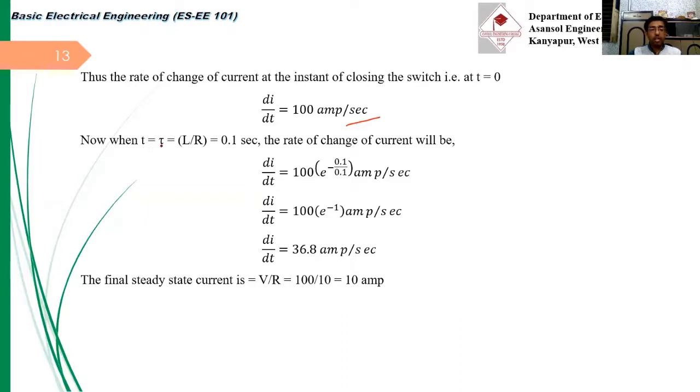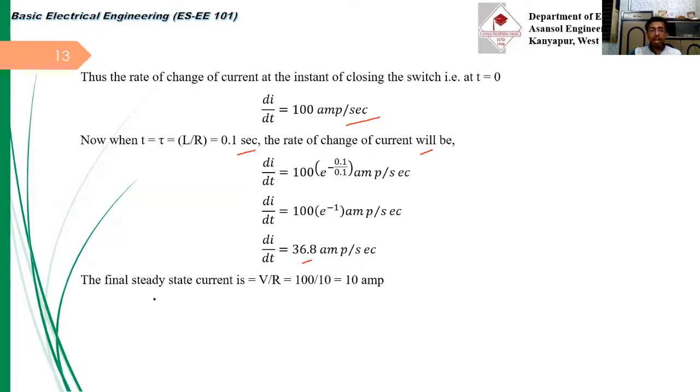Now when t equals tau, L by R is 0.1 second. Fine. The rate of change of current is e to the power minus t by tau. The t value and tau value are the same, so e to the power minus 1. So ultimately your di by dt ratio will become 36.8 ampere per second.